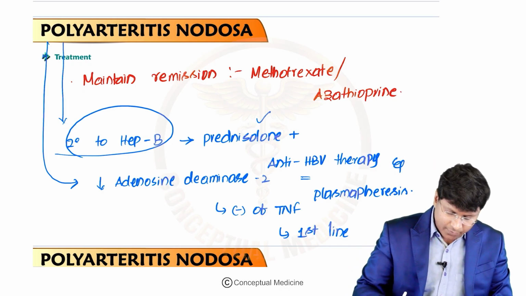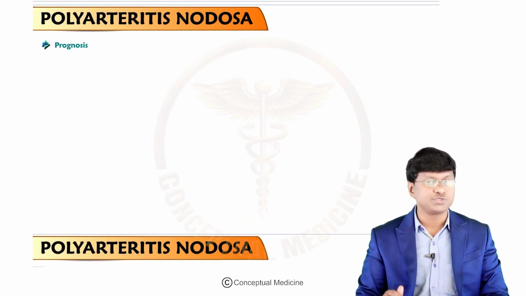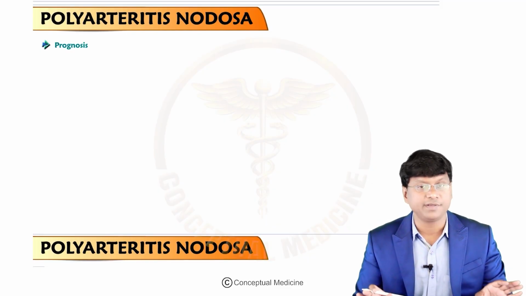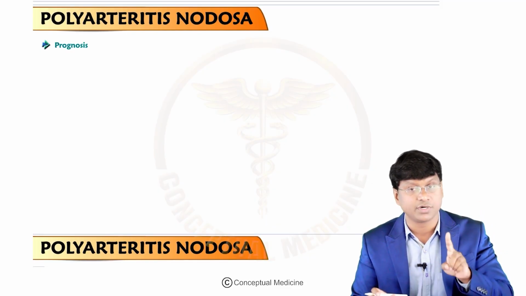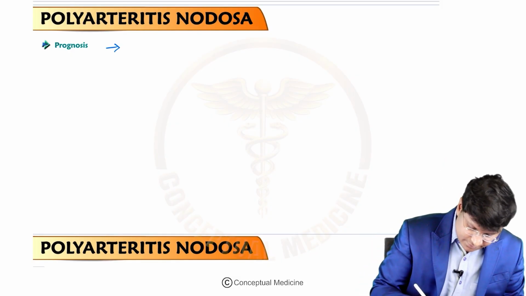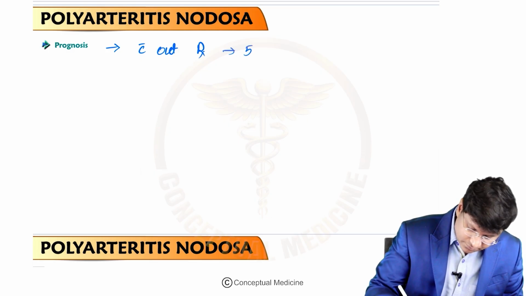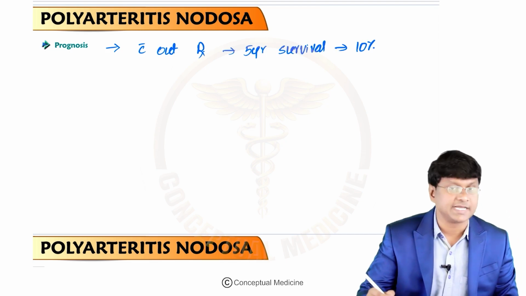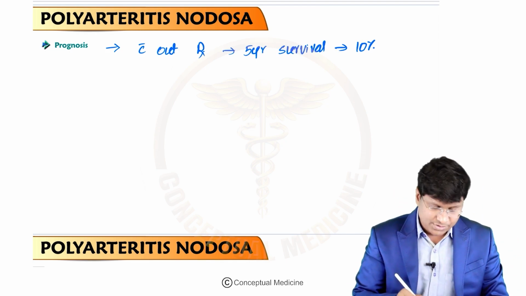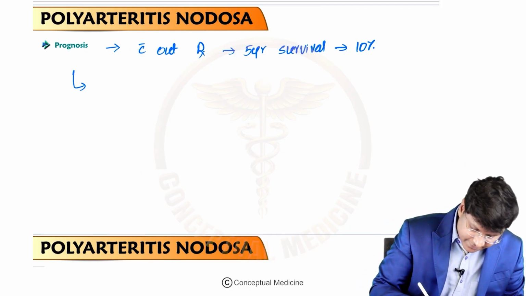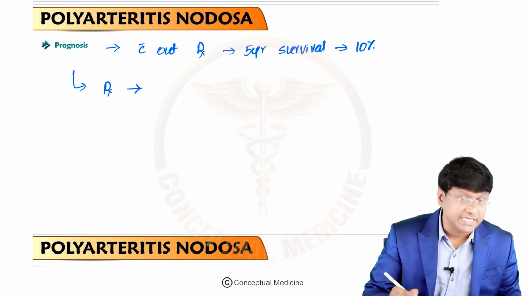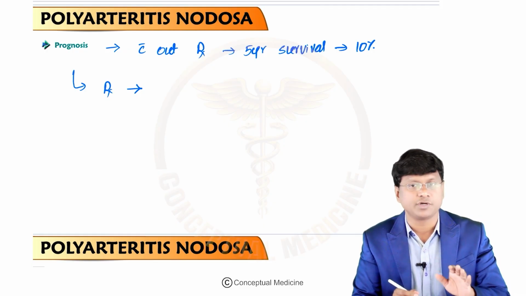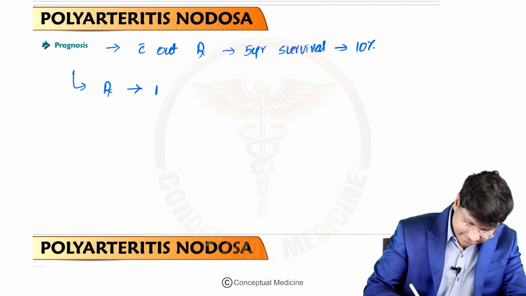And overall, how is the prognosis of these patients with polyarteritis nodosa? Without treatment, 5-year survival rate in this disorder is about 10%. Whereas with appropriate treatment, remissions are possible in many cases.